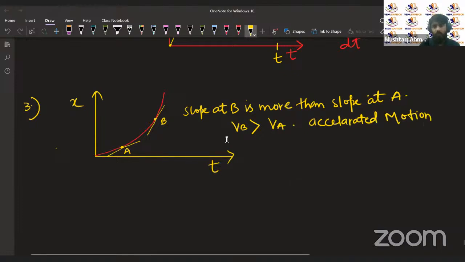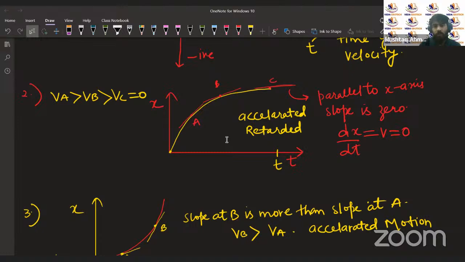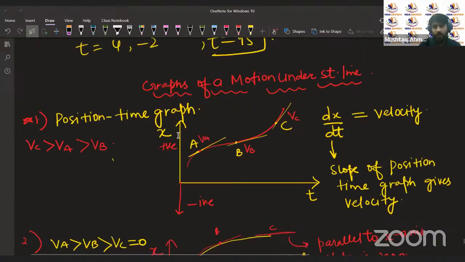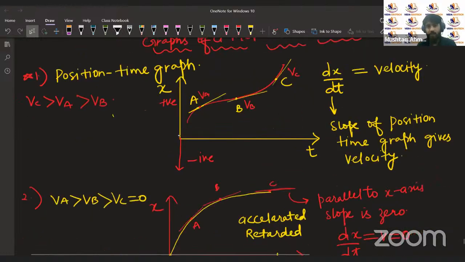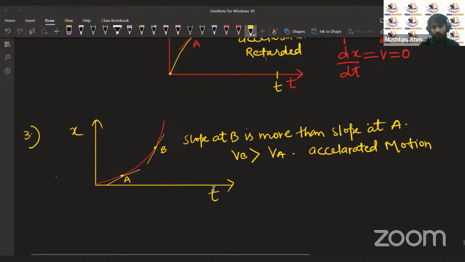This is an accelerated motion, and this is also an accelerated motion, right? But the speed here is decreasing, or we can say it's a retarded motion. In this case, it has both increasing speed in this portion and decreasing speed in this portion. So it has both positive accelerations as well as negative accelerations, right?